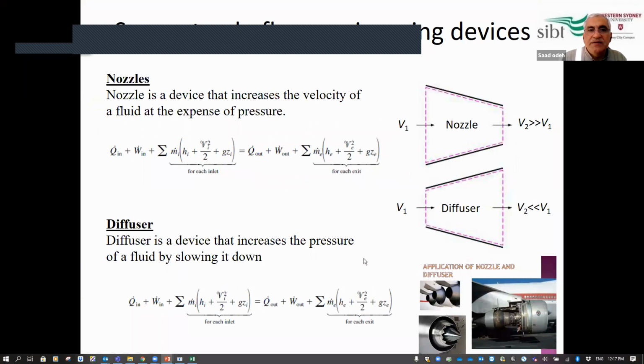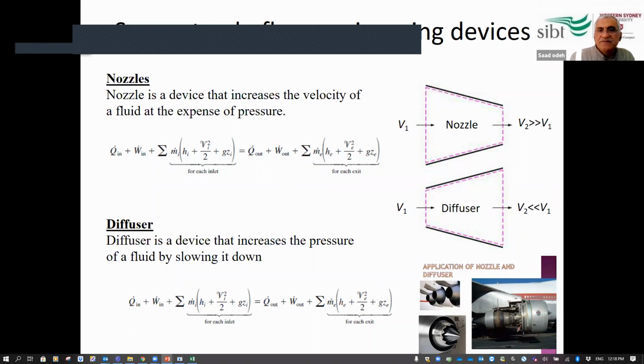Right. Let's apply this to different types of systems, the energy balance or energy equation or conservation equation. We'll take this device. We already had an example on this device, which is the nozzle.